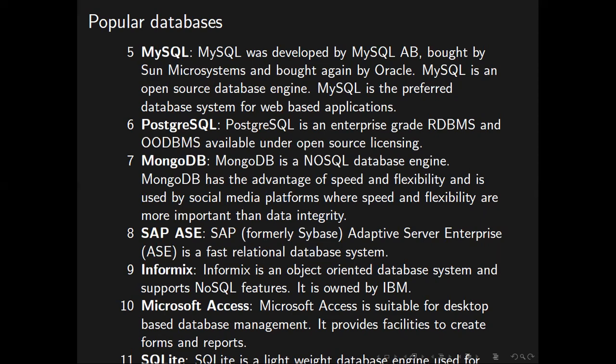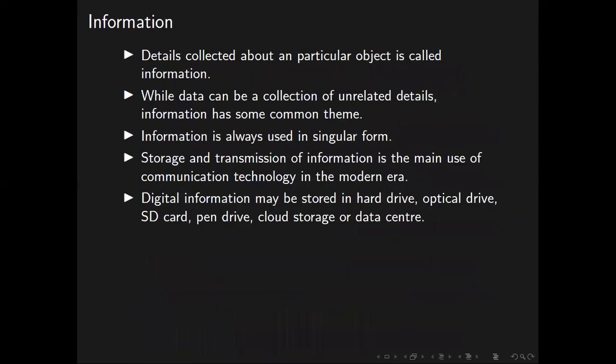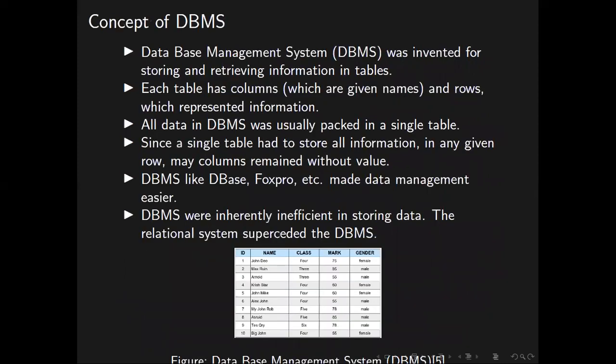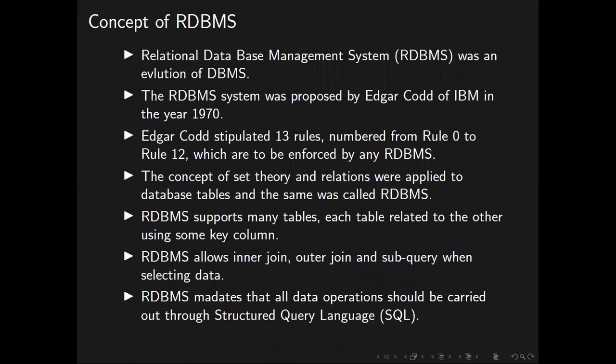What are the things we have covered today? We have seen that data is stored in the form of tables. Databases contain tables. Tables contain columns. Some columns are special, called keys. There are two types of keys: primary key and foreign key. Tables are related through primary key and foreign key pairs.